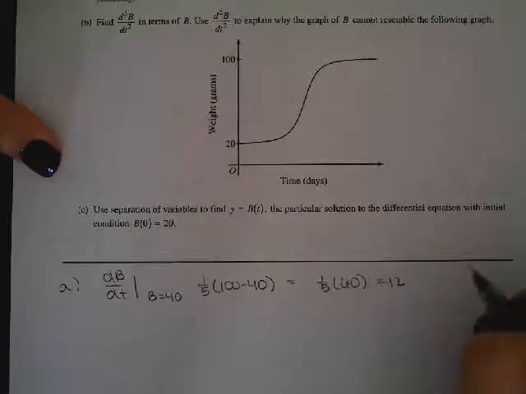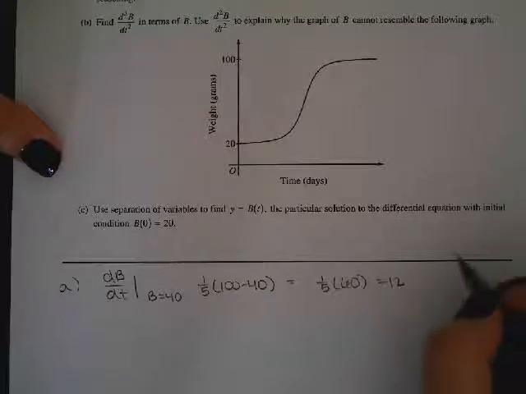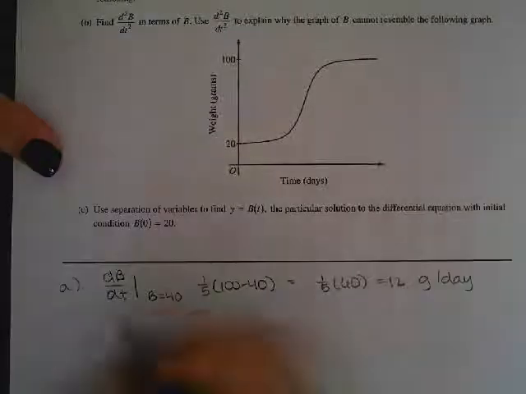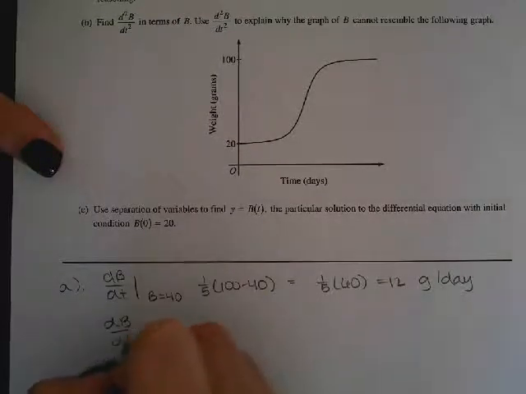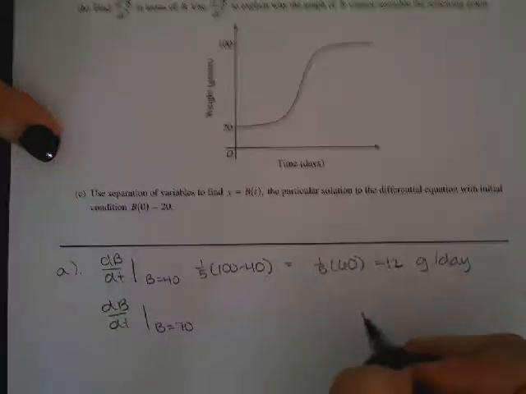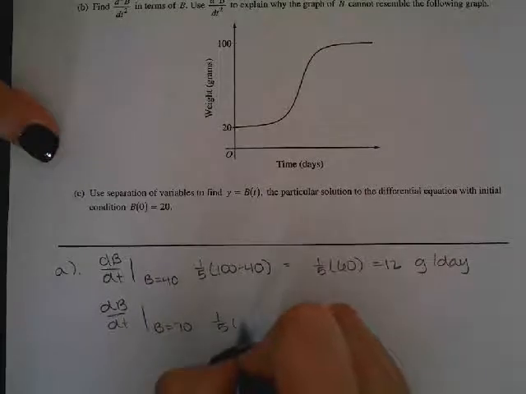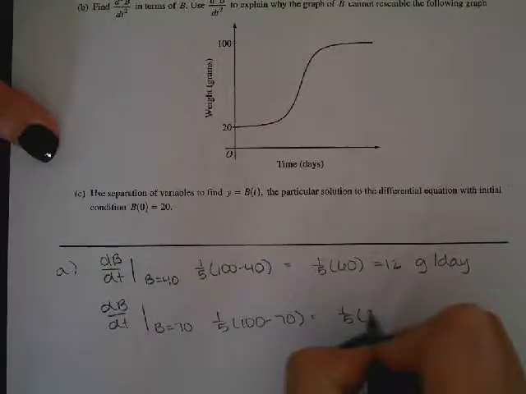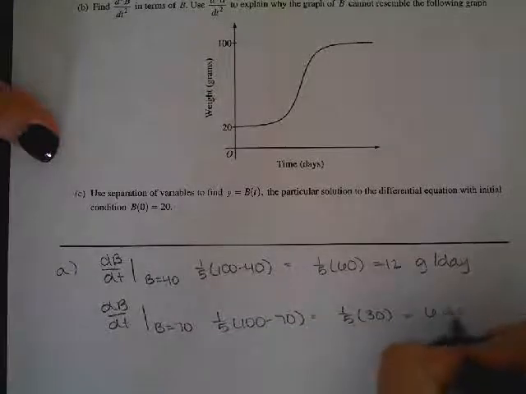The units there are grams for the y coordinate, days for the x, so that's grams per day. And then dB/dt at B equals 70 grams is 1/5 times 100 minus 70, which is 1/5 of 30, which is 6 grams per day.